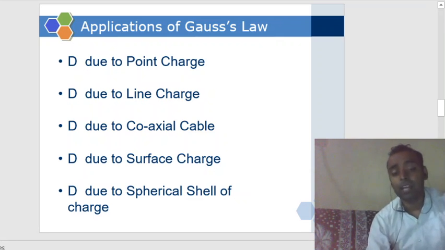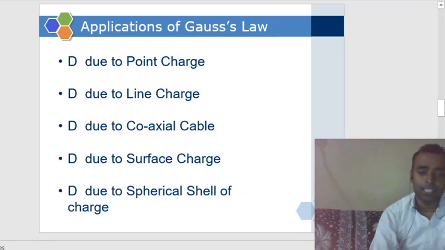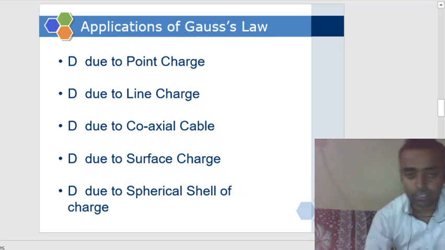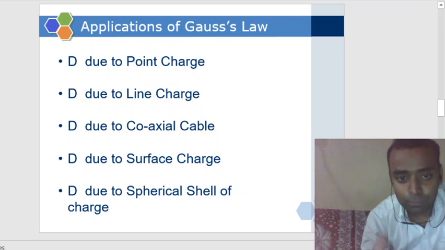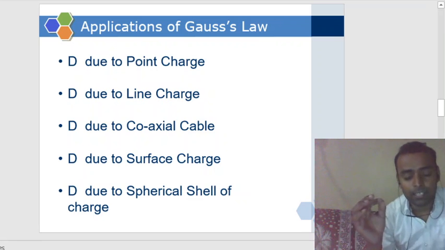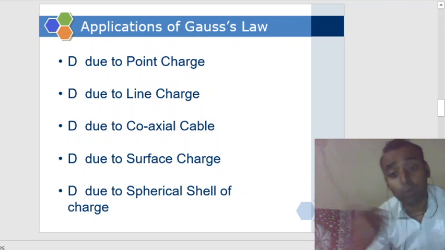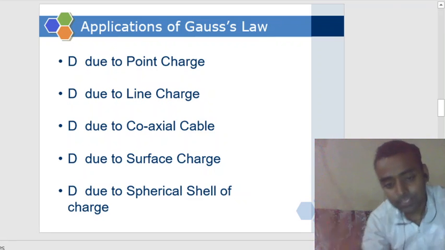We can determine D, the electric flux density, and E. Here it is not written E, but if you have calculated D, just divide D by epsilon, or epsilon naught in free space, and you'll get E. So we can determine D, the electric flux density, due to a point charge, due to a line charge, due to a coaxial cable, how it behaves, in a surface charge, in a spherical shell.